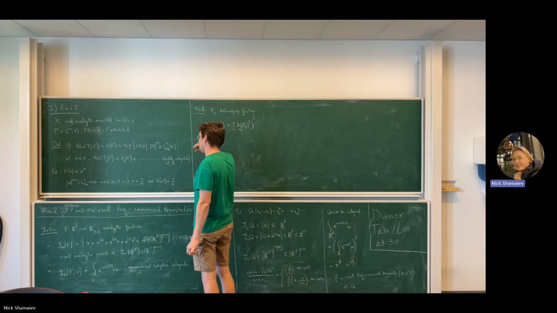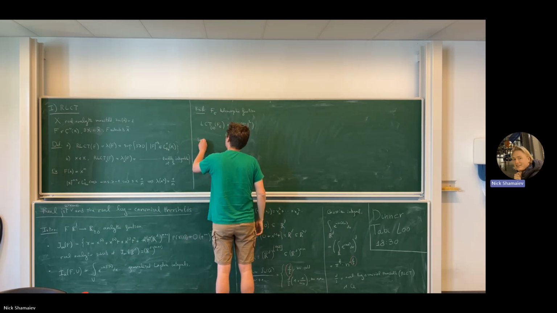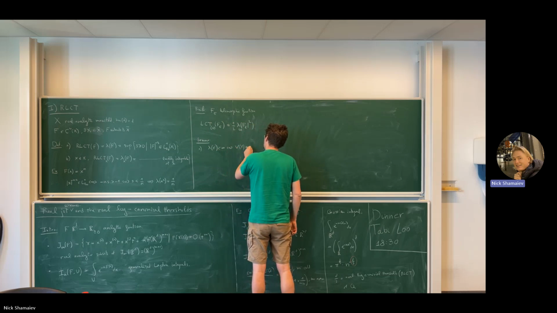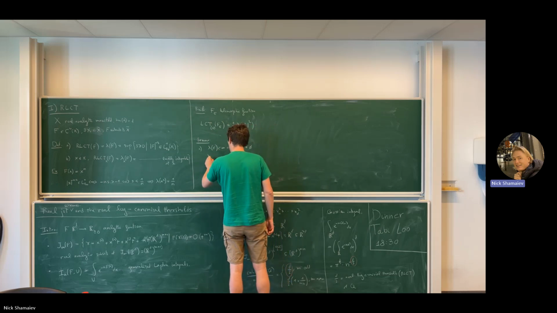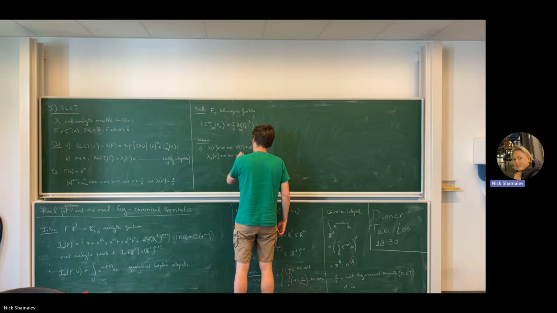The way I've set up the definition, it's not clear that these things are finite. In general, they are not. Let me spell out a lemma. First of all, lambda of f is finite exactly when P of f is non-empty, and lambda at x is finite exactly when x is in P of f.